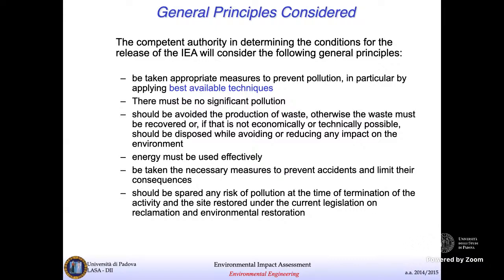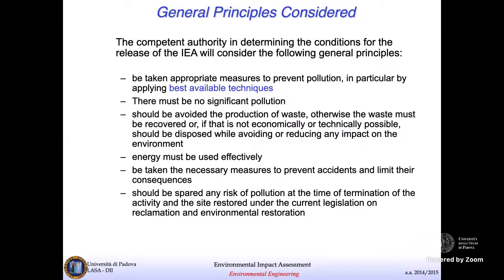Energy must be used effectively. I would say resources in general must be used effectively. The necessary measures must be taken to prevent accidents and limit their consequences. So, in the integrated environmental authorization, there are also guidelines on how to deal with accidents during your production process.